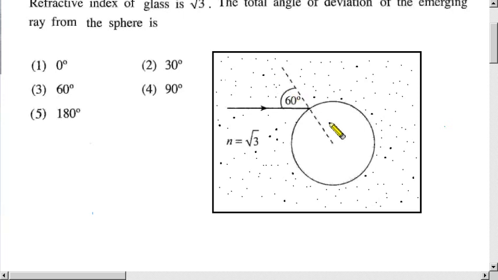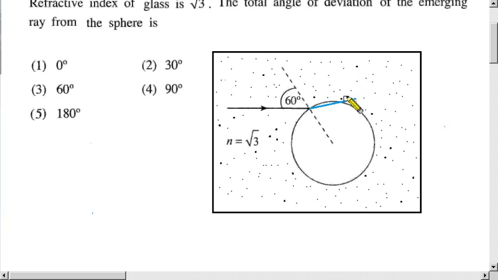So let us suppose this refracted ray is leaving this surface like this, because it doesn't bend towards the normal as it was previously. Now it should bend away. So the direction of incidence is this way, so a little bit away from the normal.